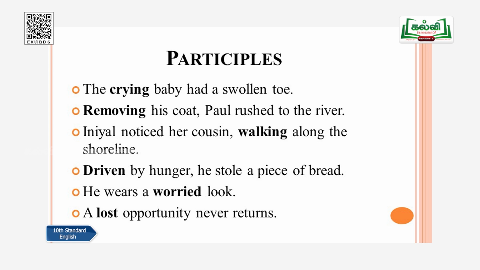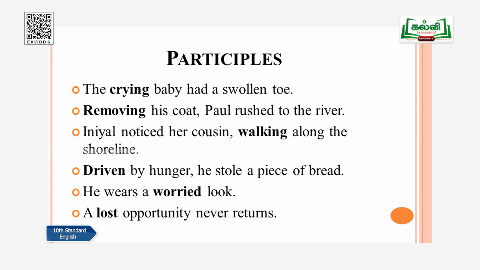Fourth one, driven by hunger, he stole a piece of bread. Fifth one, he wears a worried look. And the last one is, a lost opportunity never returns. Now, have you paid more attention to the verbs that are in bold? Are you able to identify and classify them into present, past and perfect, children?